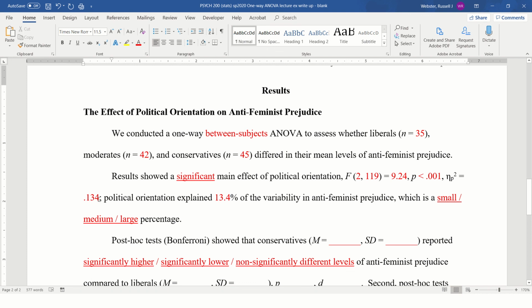Remember that partial eta squared is an effect size. It's assessing how well political orientation predicts our outcome here, anti-feminist prejudice. And so political orientation explains 13.4% of the variability in our outcome, prejudice, which is a small, medium, or large percentage.